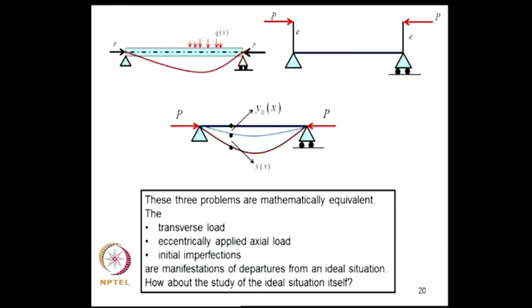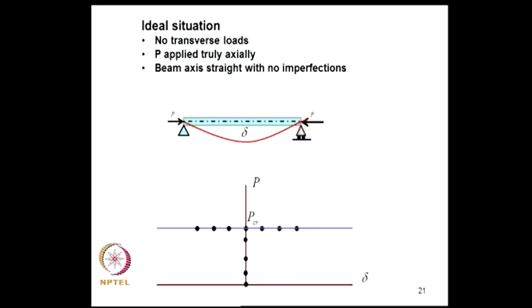Now, why does this happen? To understand this, we can ask the question: how about the study of the ideal situation itself? Does it tell us anything about why this system is behaving in this manner? To initiate that discussion, we can consider the ideal situation where there are no transverse loads, P is applied truly axially and the beam axis is straight with no imperfections.